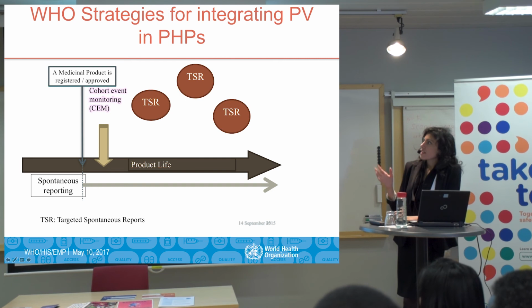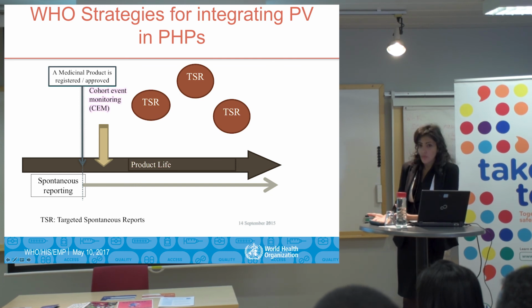Okay, so this is the WHO strategy. This is the diagram we saw earlier for integrating PV and public health programs. You would have spontaneous reporting all the way through. Initially, when a new regimen or a new product is introduced, you have the cohort event monitoring.